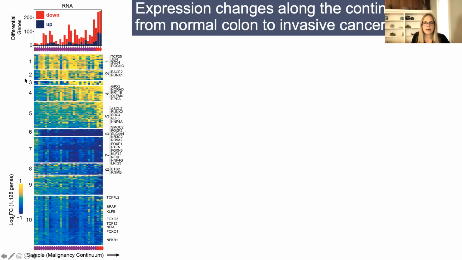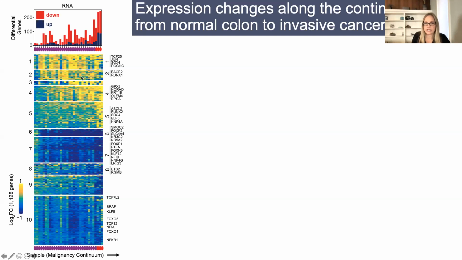We can also leverage these data to come back and ask, if we take the RNA-seq data and ask about differential expression, what's up and what's down along the continuum to malignancy, we can see that there are significant numbers of genes that are altered in each sample relative to all unaffected samples.